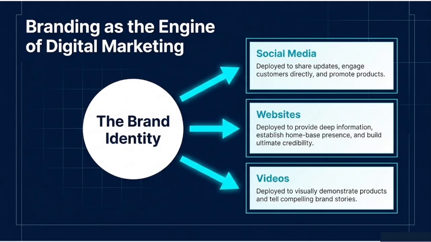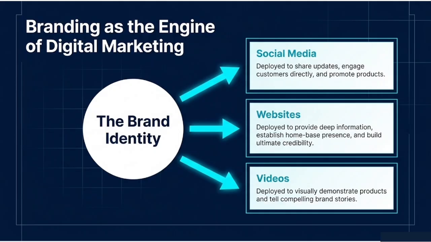So once a brand is created, digital platforms help that brand to communicate. They help the company to communicate about itself. For example, social media allows businesses to share updates. Social media can also allow a business to engage with customers.